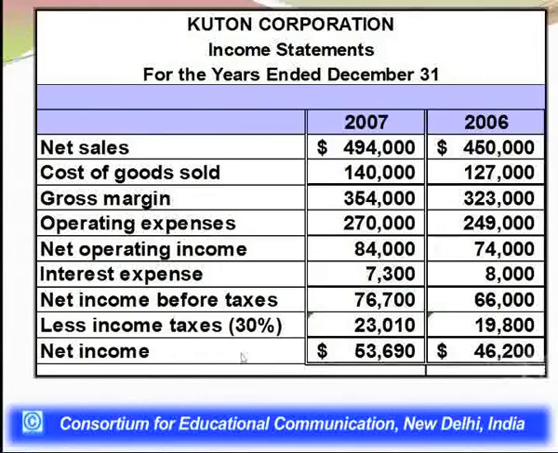Now I would recommend that you note down these values, which will help us understand the ratios in the next few minutes. The next item which we subtract from gross margin is operating expenses. Operating expenses are 249,000 for 2006 and 270,000 for 2007.